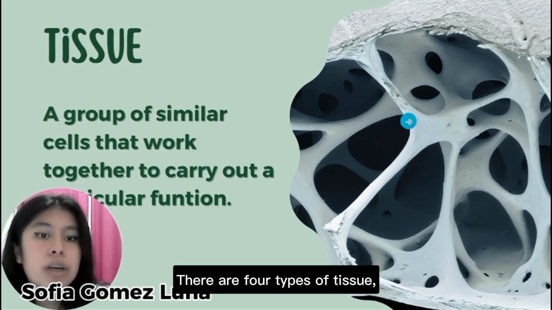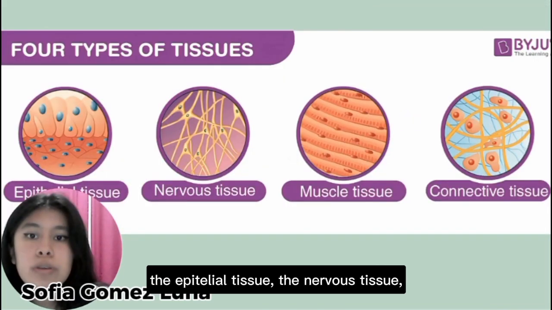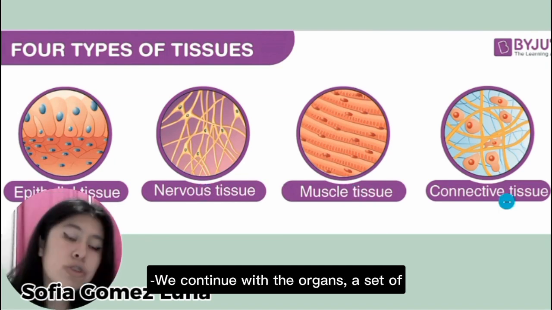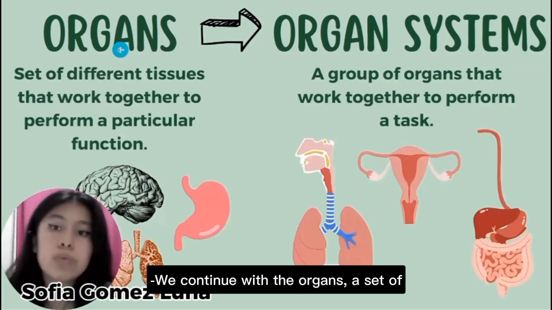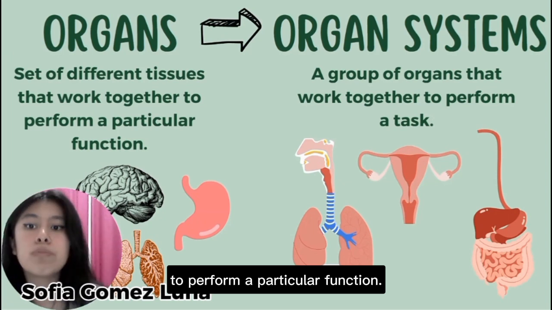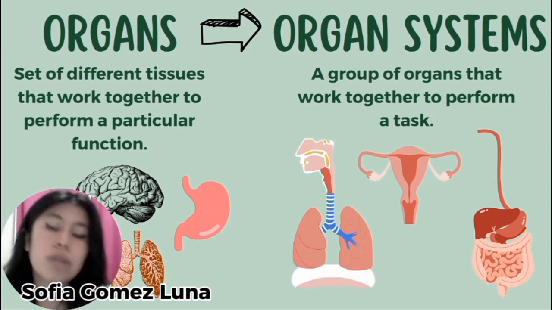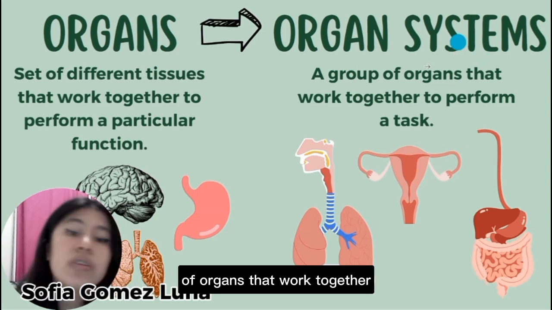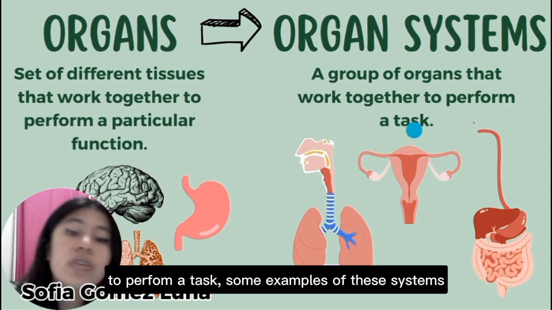There are four types of tissues: the epithelial tissue, the nervous tissue, the muscle tissue, and the connective tissue. We continue with the organ, a set of different tissues that work together to perform a particular function. Then the next level is the organ system, a group of organs that work together to perform a task.